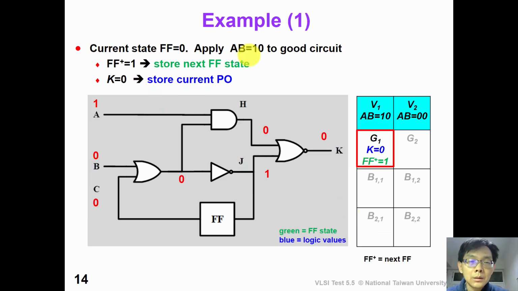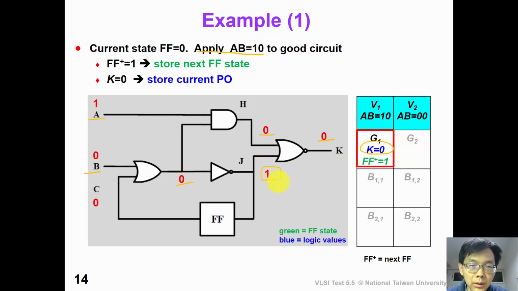Now let's apply the first pattern AB is equal to 1, 0 to the circuit. In this way, we know that the good output K is equal to 0. We will record this good output for the good circuit.